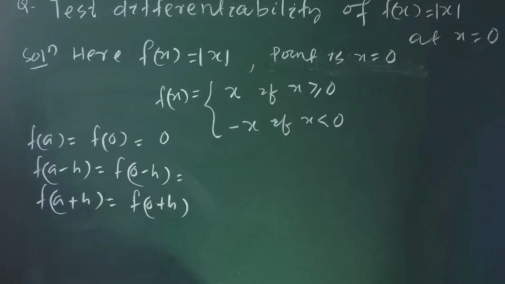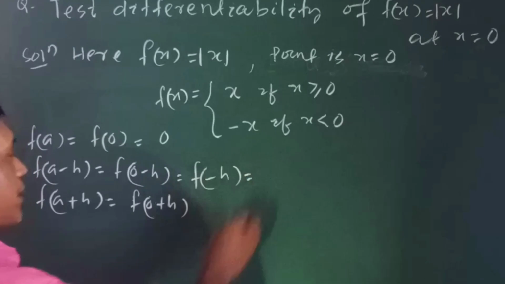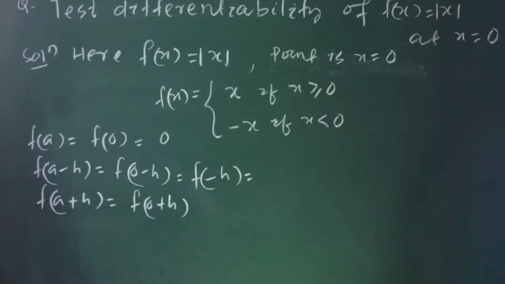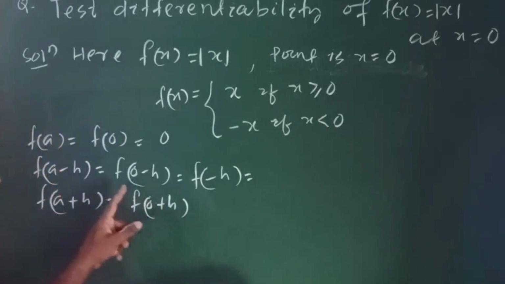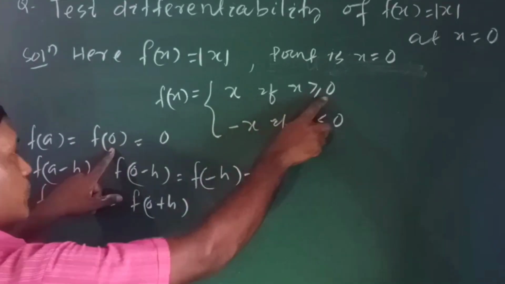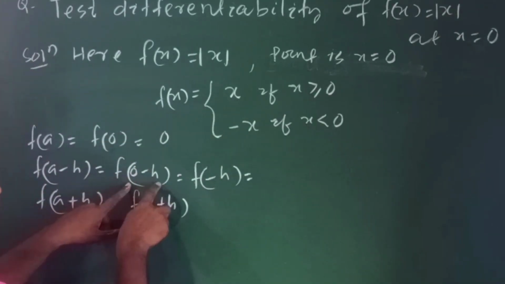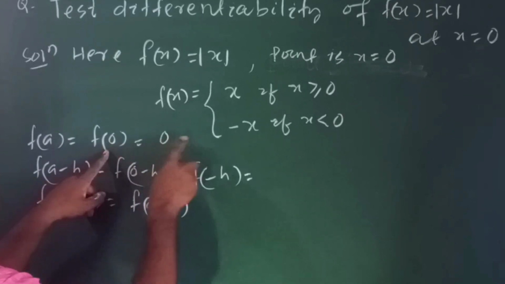Then f of 0 minus h means f of minus h. So f of minus h कहाँ निकालेंगे? f of minus h means where x is equal to 0. Here is x is equal to 0. Here is x less than 0. Here is x greater than 0. So this value will be obtained where x is equal to 0.